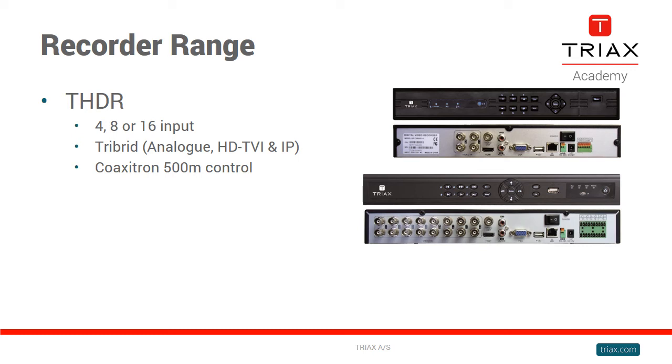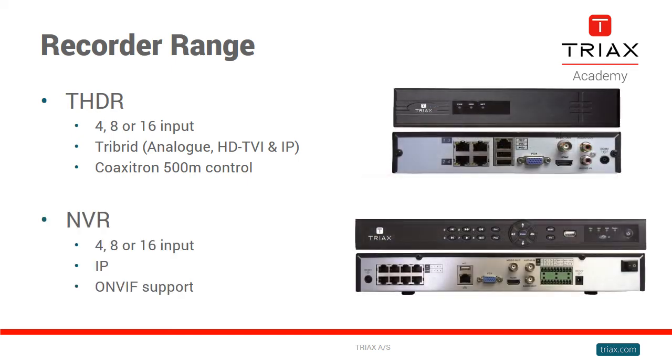This means it accepts analog, HDTVI, and IP as input. Among other specifications, the THDR supports 720p real-time recording and 1080p recording at 15 frames per second. The THDR supports coaxitron, which is a messaging system for passing control commands to the cameras.